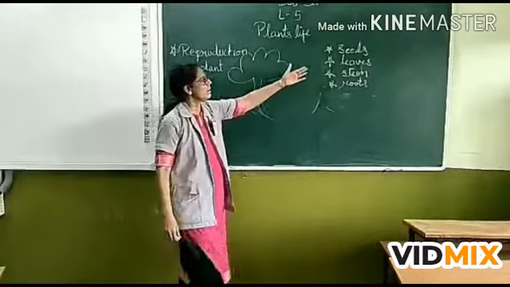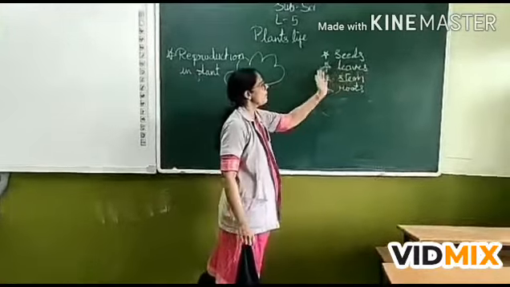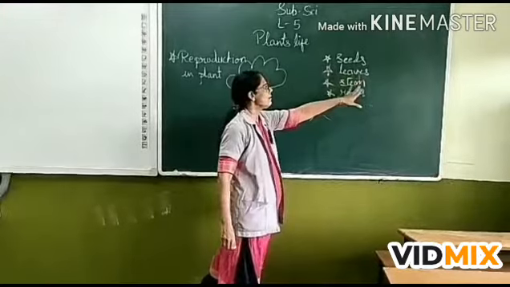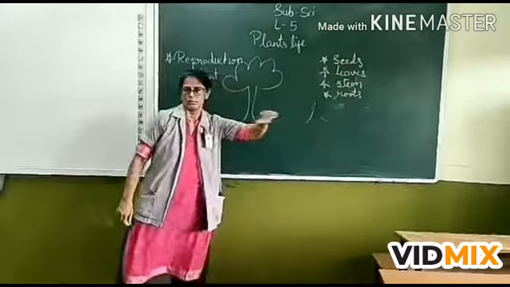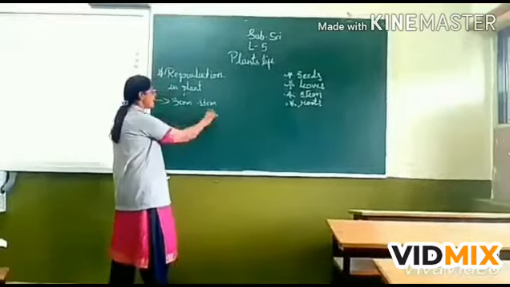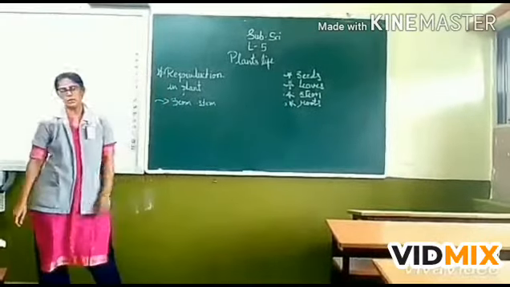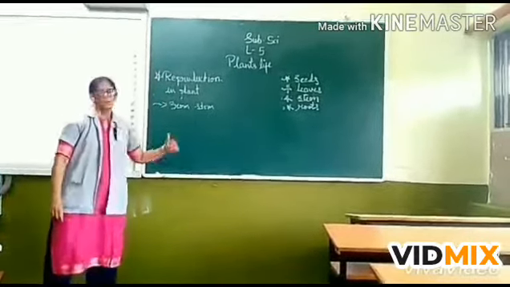Now first we will learn how plants reproduce from the leaves, then stem, roots, and seeds. Now we will start with reproduction with the stem.